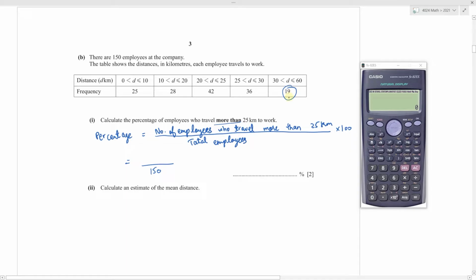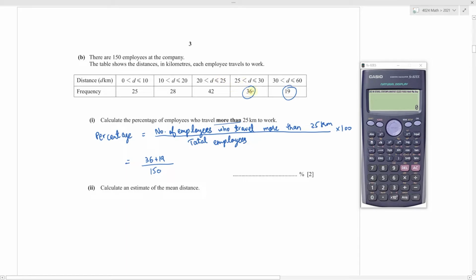So these are part of this group who travel more than 25 kilometers. This group is also included because distance is greater than 25 and less than 30. So 36 plus 19. And this is not part of it because you're looking for more than 25. This group is greater than 20 but less than or equal to 25.